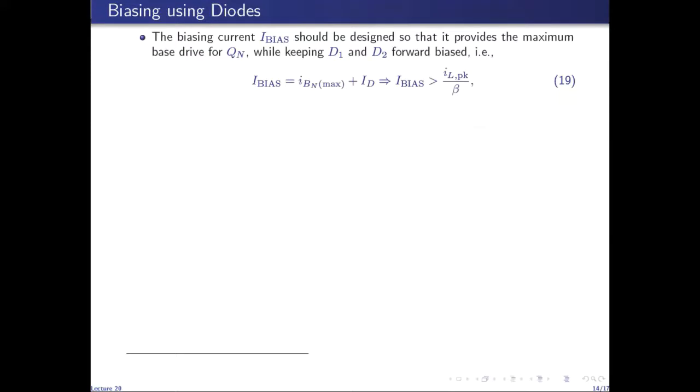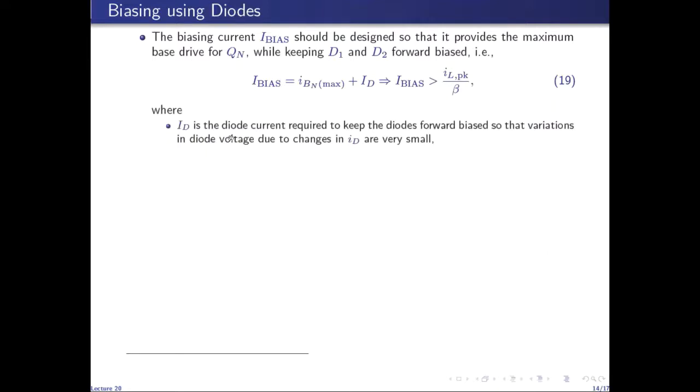So maximum collector current divided by beta will give us the maximum base drive. So IL peak over beta is the maximum base drive, and one should design I bias such that it is greater than this quantity. The surplus will flow through the diodes, keeping them forward biased.